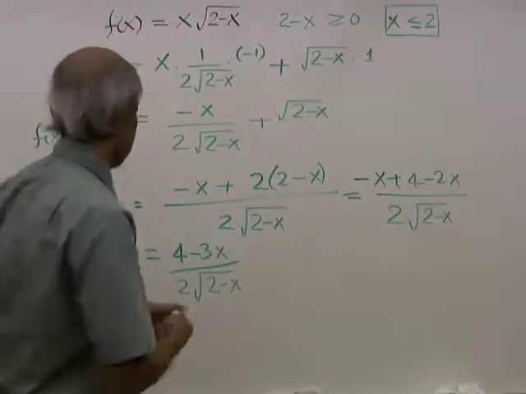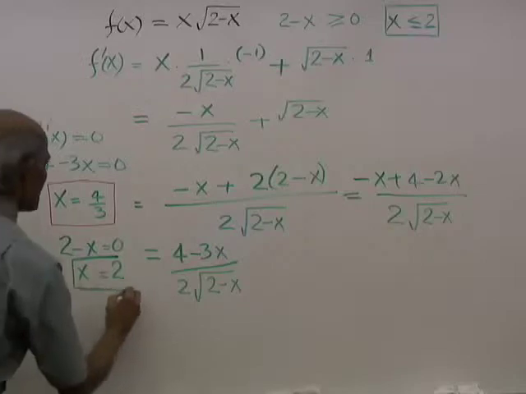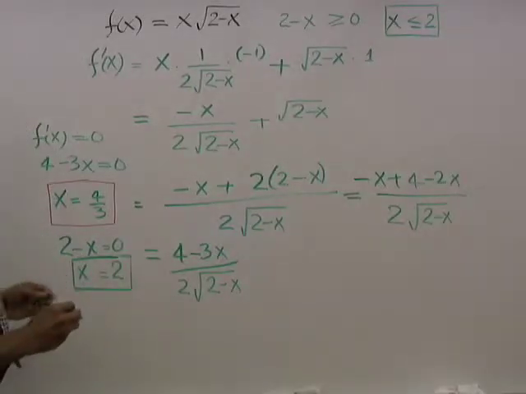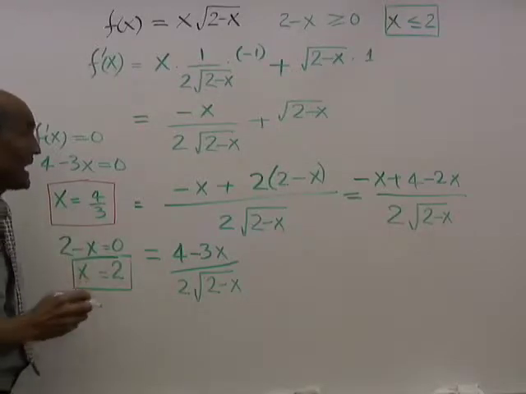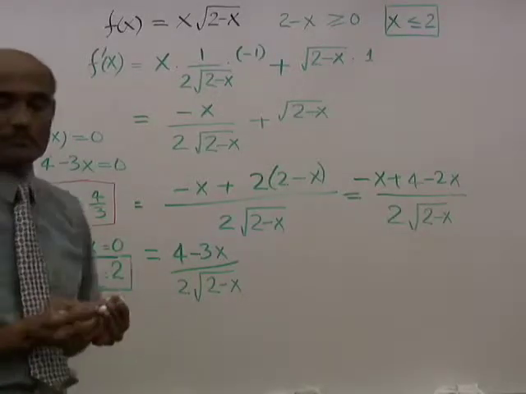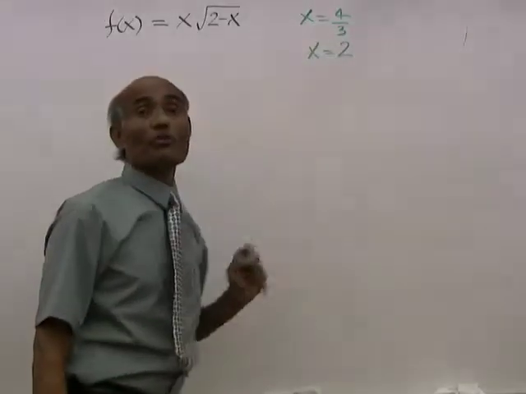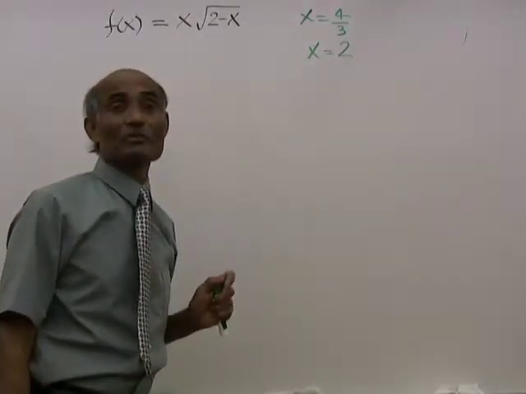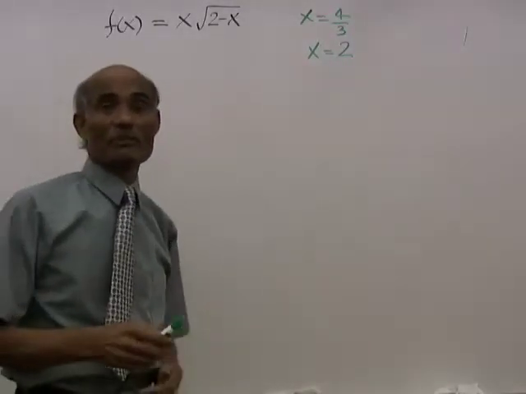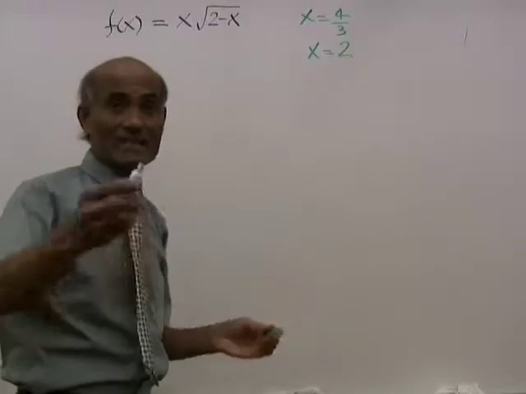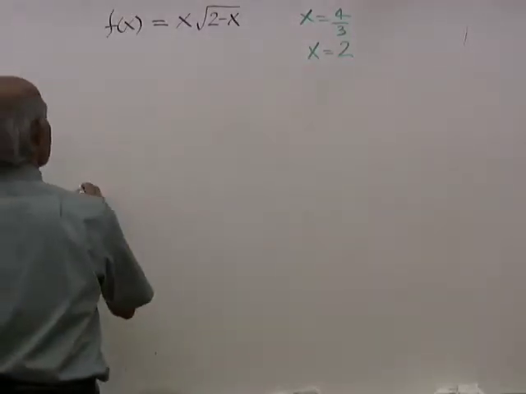Therefore, x equal to 2 is another critical number. So the critical numbers are x equal to 4/3 and x equal to 2. Can you verify that by drawing the graph of this function? Take a second and draw the graph by the time I do it on the board.